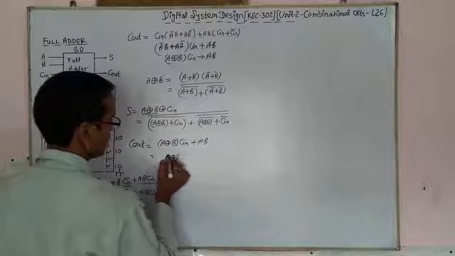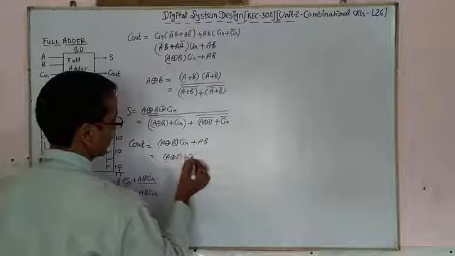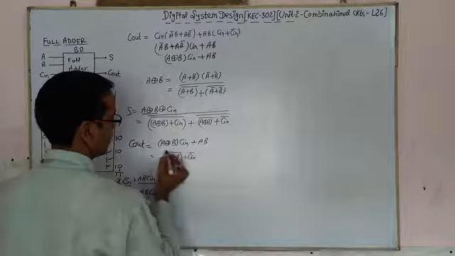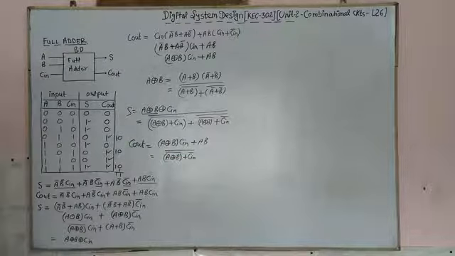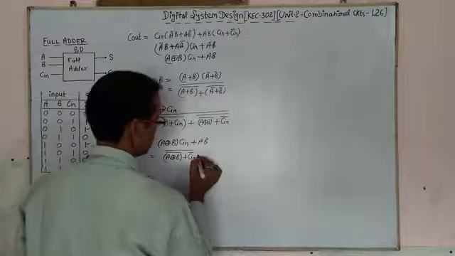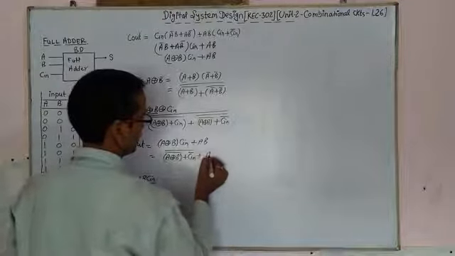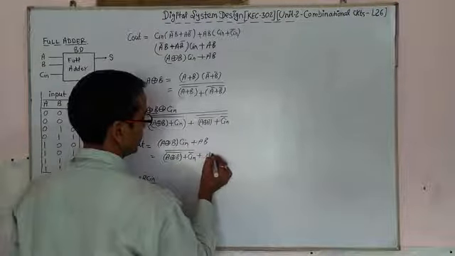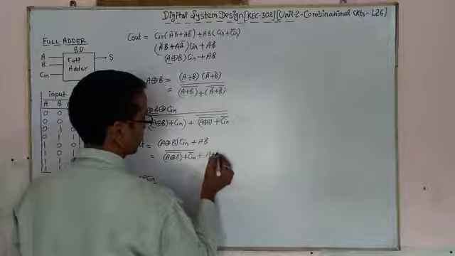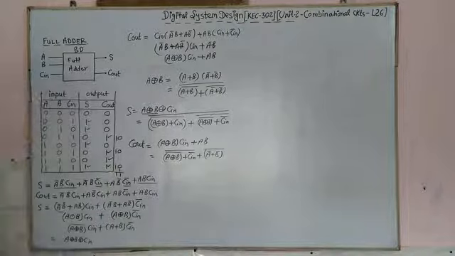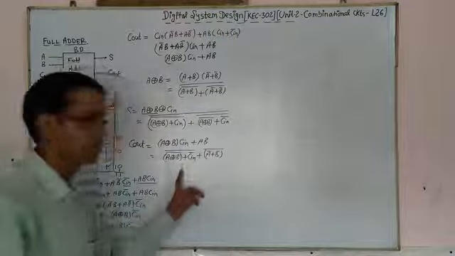A XOR B plus C in bar, A XOR B bar, C in bar, and here we can write this plus A plus B bar and whole bar. In this way you can design this Cout.